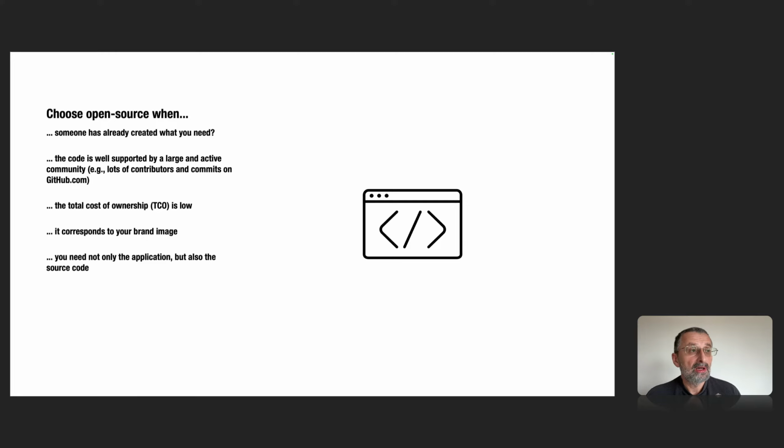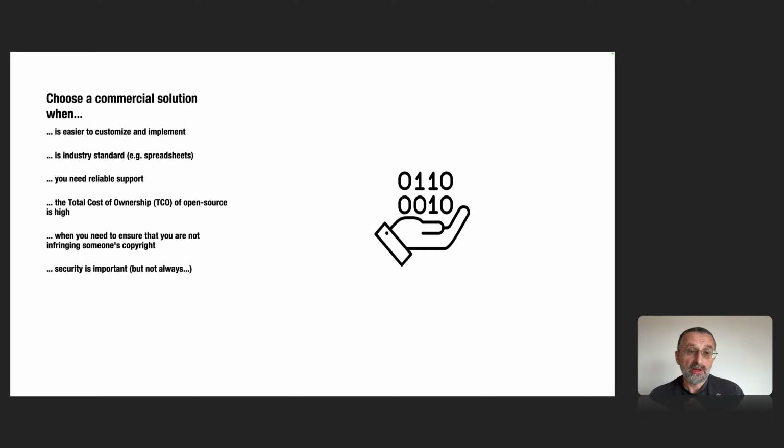But remember, it's sometimes very sophisticated from the legal point of view, because there is a question about the legal rights to the open source libraries. Those questions should be solved in such a situation. Choose a commercial solution when it's easier to customize and implement, or it is the industry standard, like for example spreadsheets.